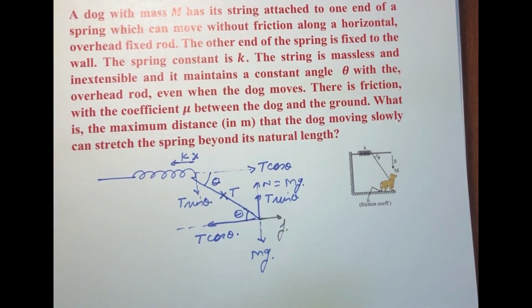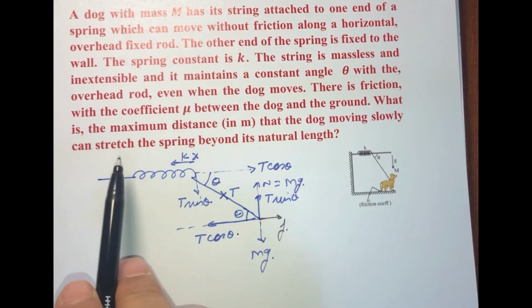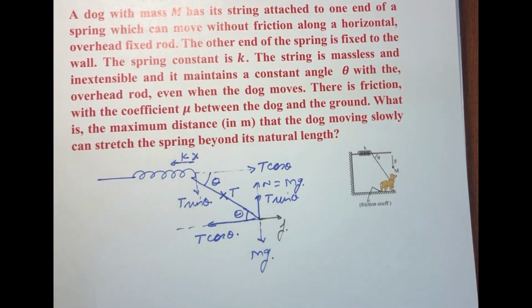So more or less these are the forces which will be acting. In this case we are going to find out the maximum distance that the dog moves and stretches the spring.